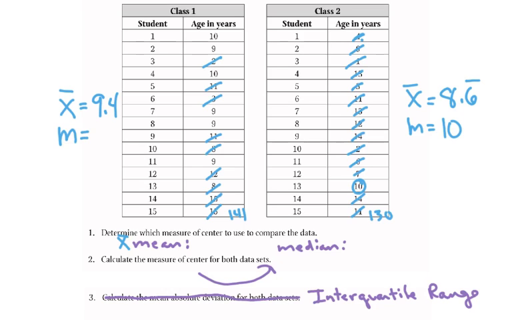Then 11 and 9. 10 and 9. 10 and 9. We end up with 9. So in class 1, they're about the same. And I wonder, because you have a bunch lower, I probably would have gone with the mean in this case, comparing those. Okay.